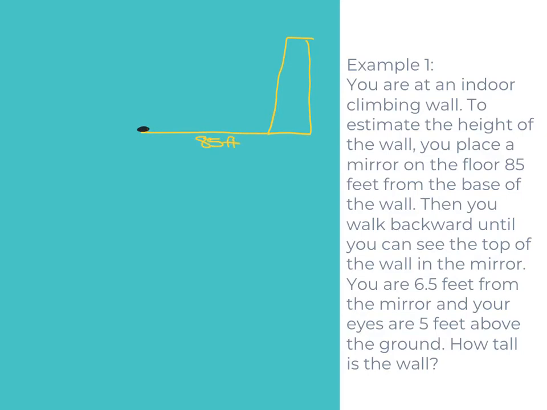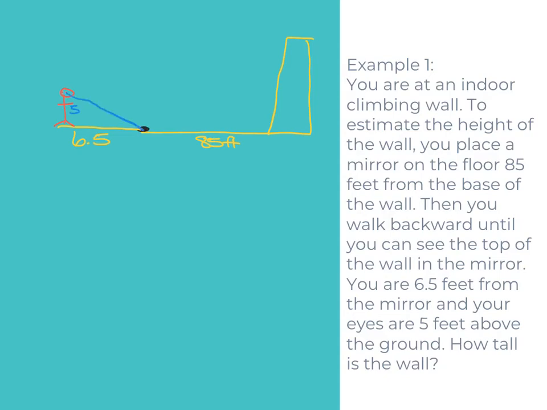Okay. Then you're walking backward until you can see the top of the wall in the mirror. And you end up 6.5 feet away. Here you are. Those are your eyes. Your eyes are 5 feet above the ground.